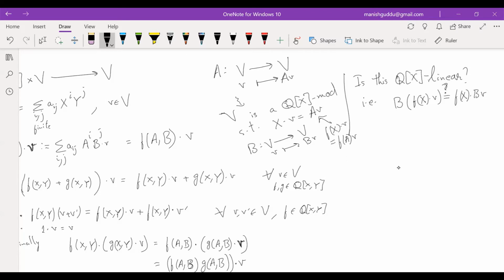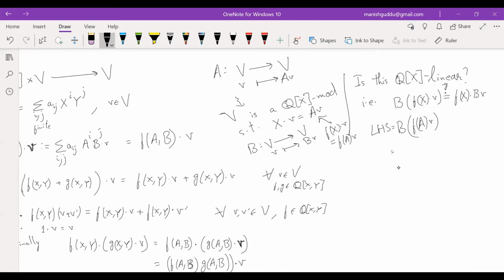So this is B f(A) v. The left hand side is this, and on the right you want to write it as f(A) B v.